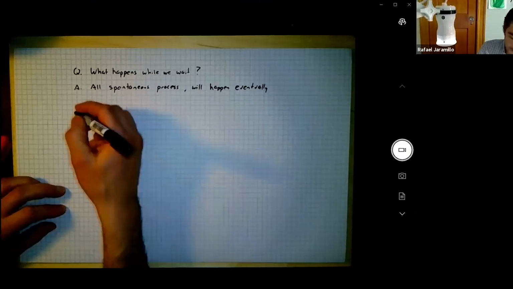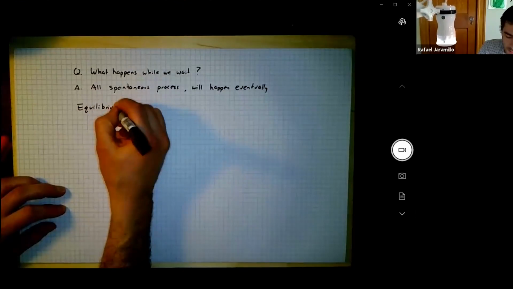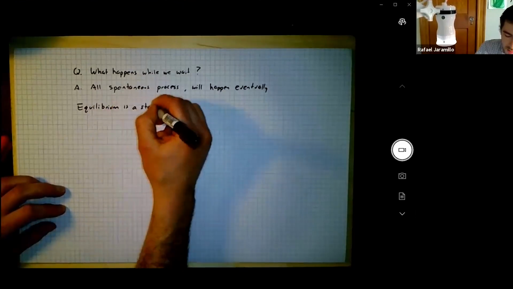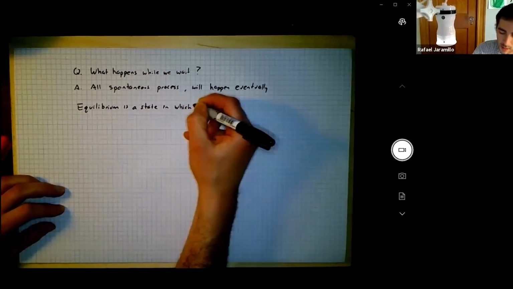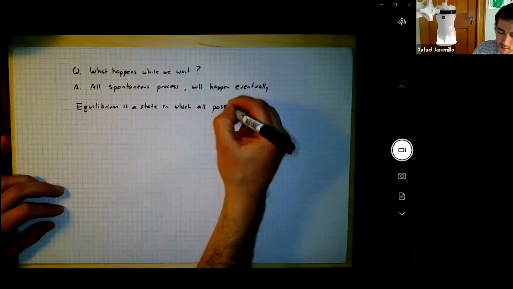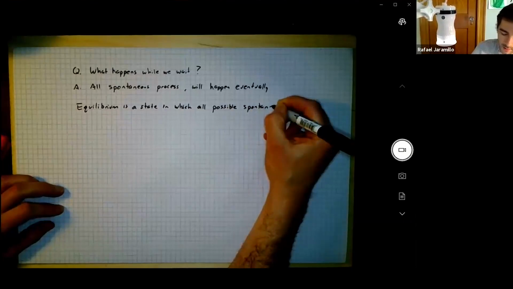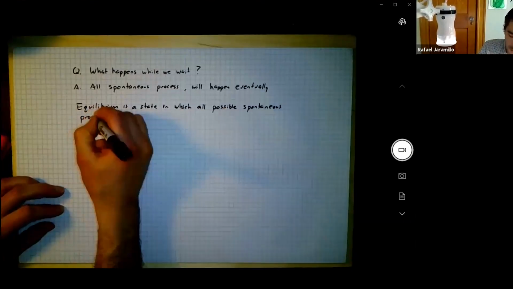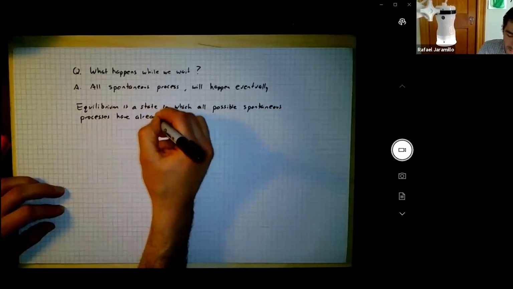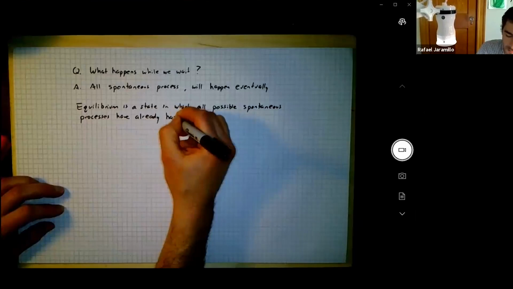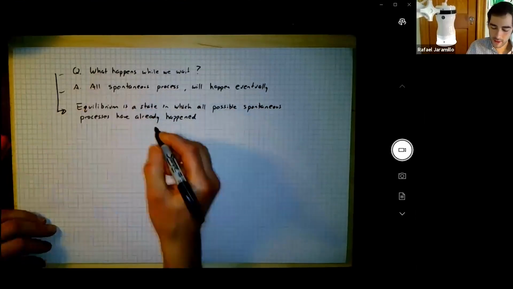That means that equilibrium is a state in which all possible spontaneous processes have already happened, by the meaning of the word. It already happened.